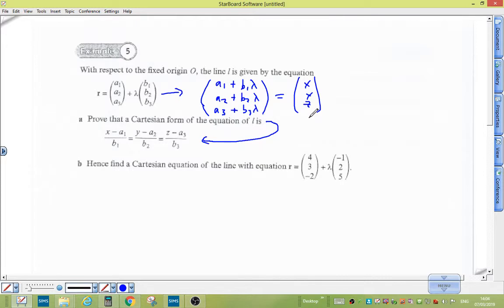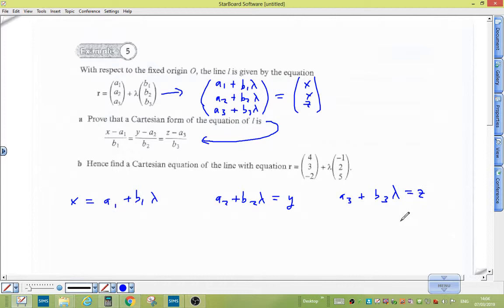You can get away with it because i is just a unit vector. But here, you're just going to let x equal. So the first equation comes from x equaling A1 plus B1 lambda. You get the second one from A2 plus B2 lambda is equal to y. And the third one is A3 plus B3 lambda, and that equals z.